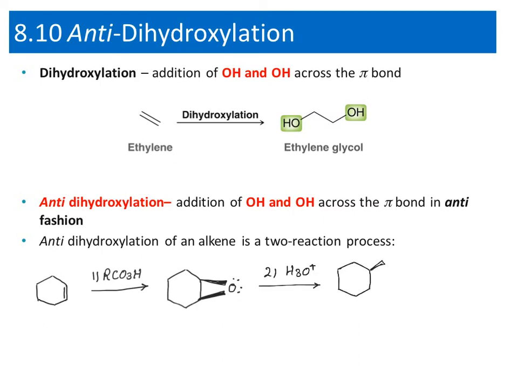So addition will be anti, and we are going to form trans diol. Since we form two chirality centers, we need to draw its enantiomer as well.